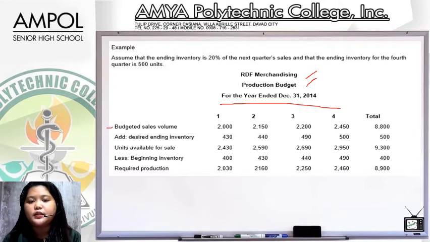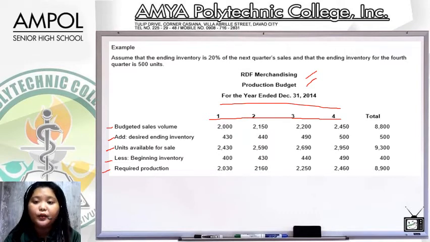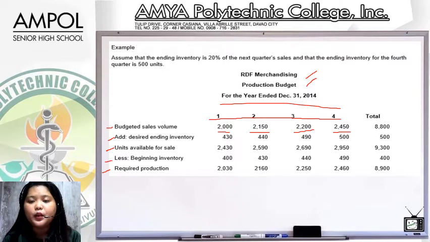And with the given, the budgeted sales volume, the additional desired ending inventory, the units available for sale, and the required production. So, we have here 4 quarters also, the same as we had a while ago. And then, the given are 2,000, 2,150, 2,200, and 2,450.